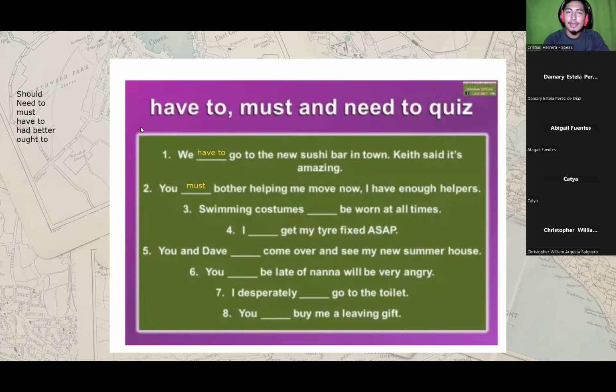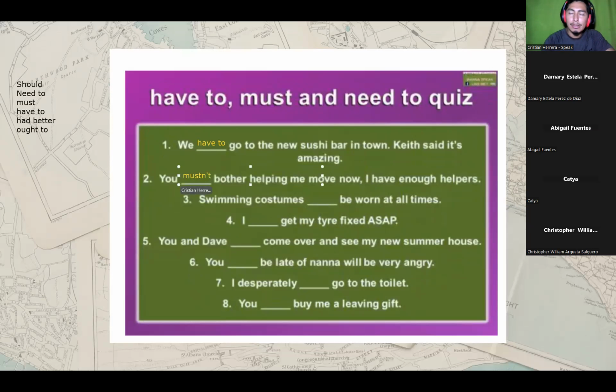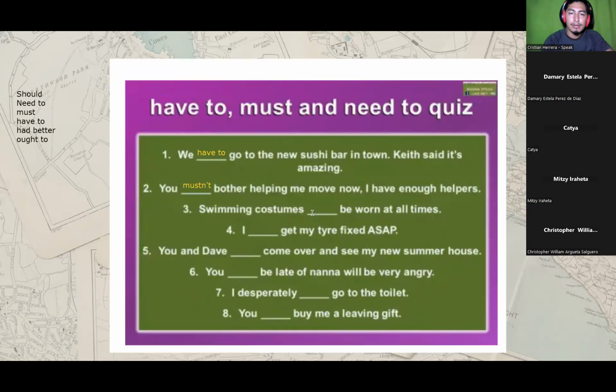Okay, got it. So as I told you guys, this example should be negative. So maybe instead of must, we could say mustn't, right? I will change it just for you to have an idea. We will continue right now. Example number three, Mitzi. What do you think is the correct sentence? I think it's have to, teacher.